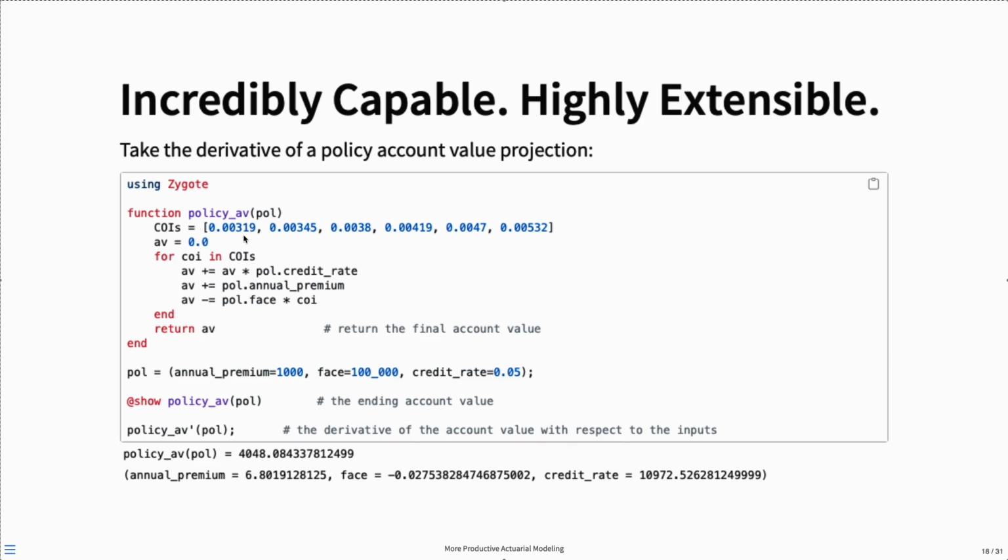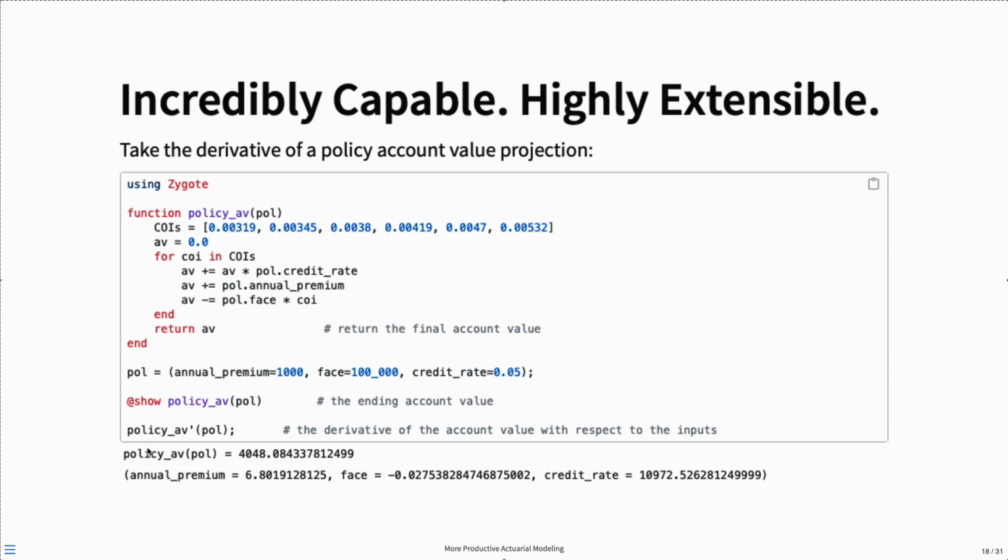So this is a very simple dummy example where we're only projecting this policy 6 years. What this looks like is we provide the inputs, so a policy with an annual premium of 1,000, a face value of 100,000, and a crediting rate of 5%.